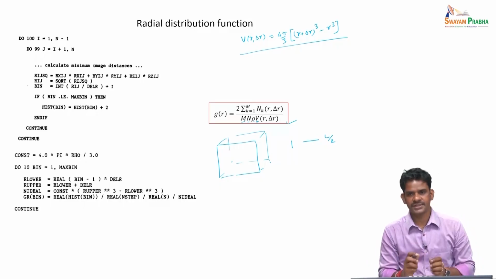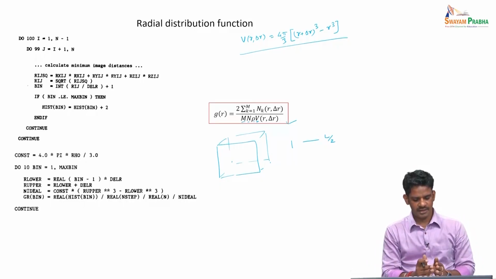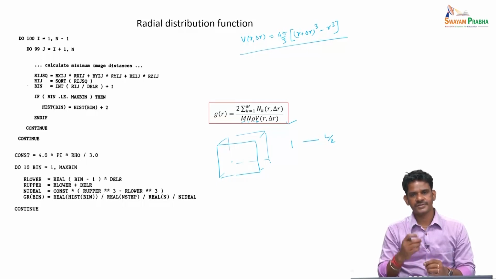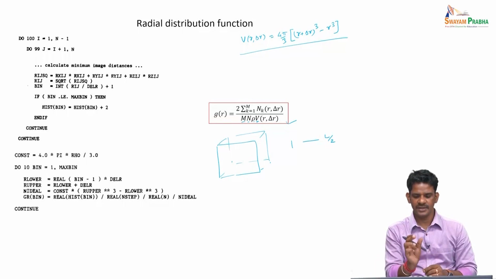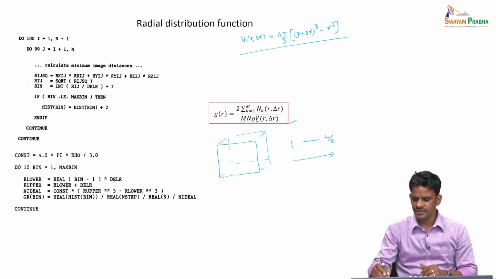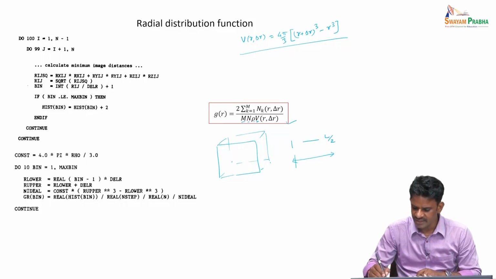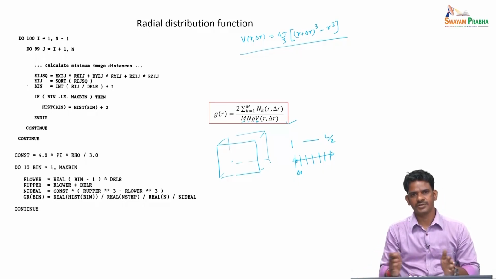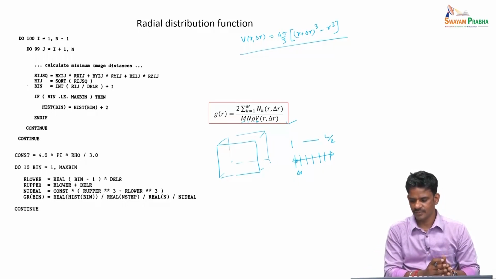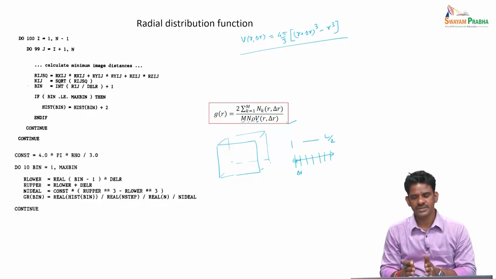What we are going to do is go through all the pairs and find the distance between each pair, which can fall anywhere in this range 1 to L by 2. This entire space is discretized into equal widths of delta r, so the length scale of 0 to L by 2 is split into various bins of size delta r.